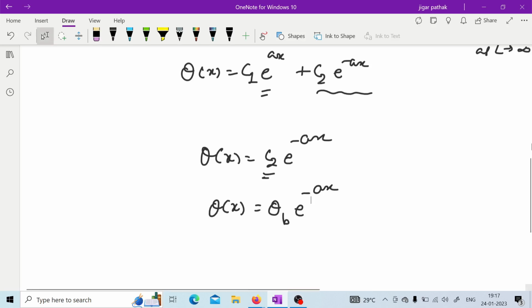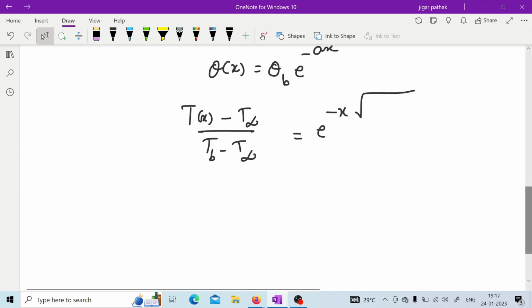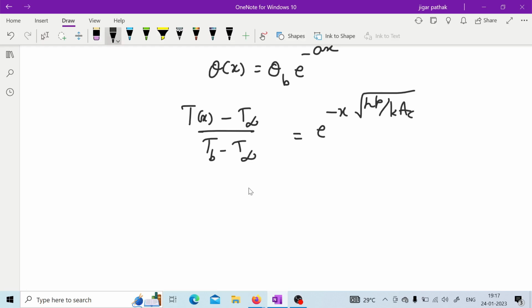Now as you know, theta is the temperature difference. So Tx minus T infinite upon Tb minus T infinite will be given as e raised to minus x into A, where A is under root hP by kAc. So for a very long fin, this is the equation for the temperature difference.